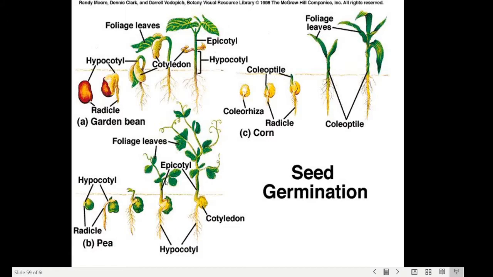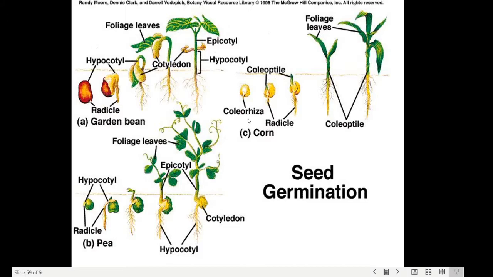They have two different regions, the foliage leaf and epicotyl. That epicotyl is developed from the cotyledon. These are the various steps involved in seed germination. Why I mention these two, the garden bean and the corn: the concept is repeatedly asked in the CSIR examination. The concept is very important.